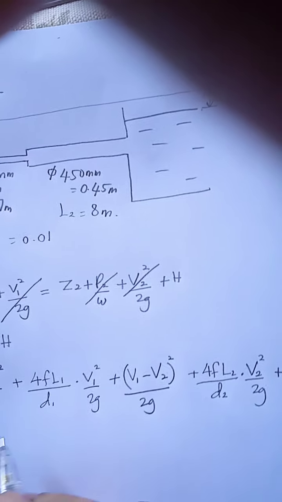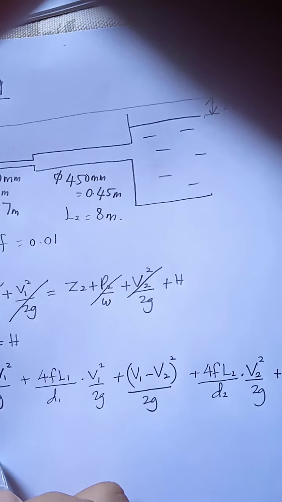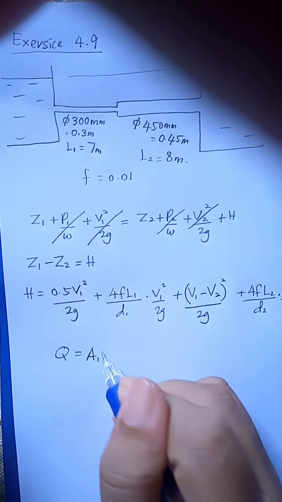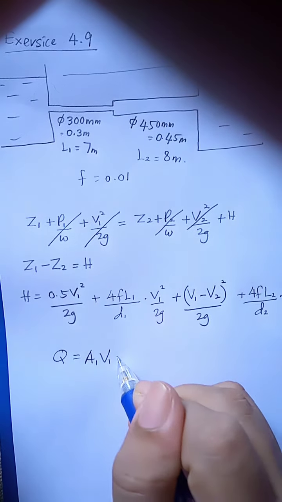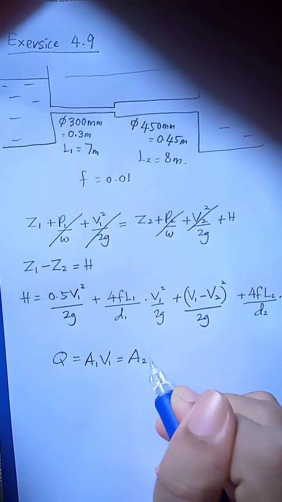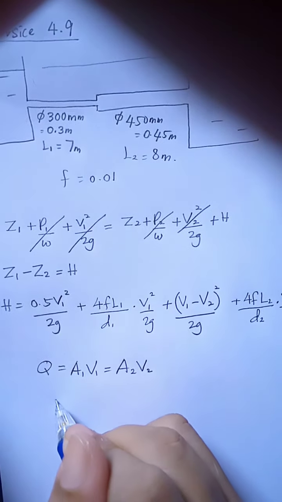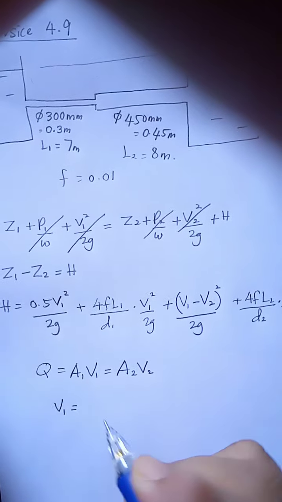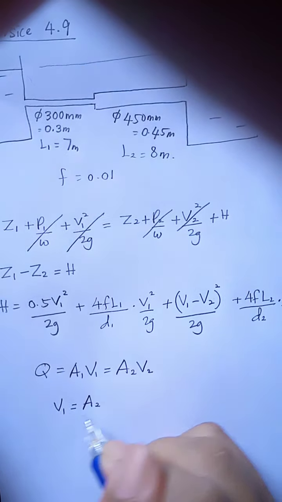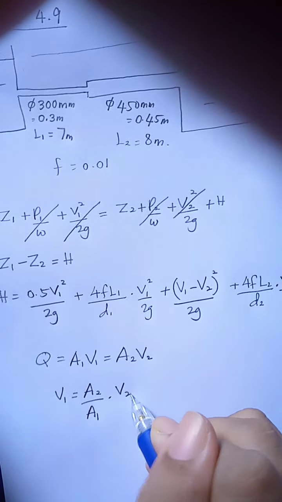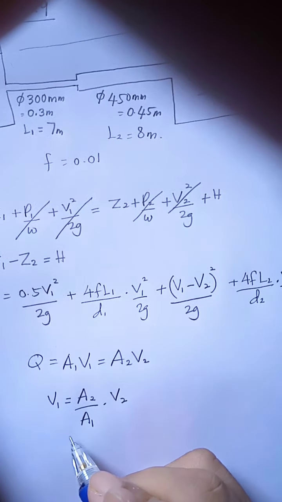We know Q is equal to A1 V1 is equal to A2 V2. So V1 is equal to A2 divided by A1 times V2.